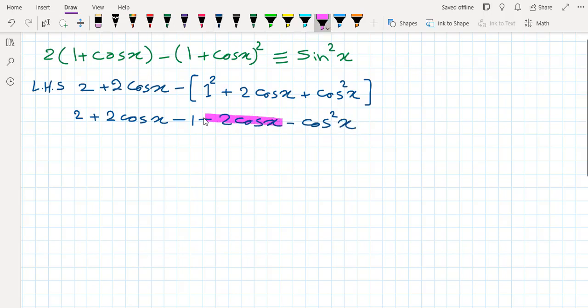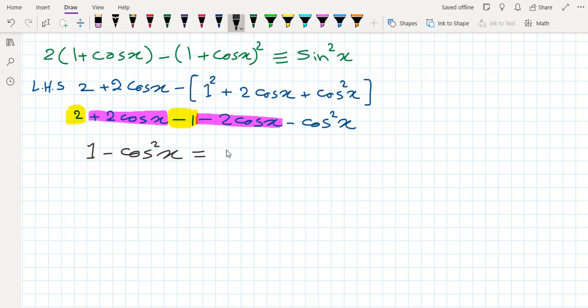Now negative 2 cosine x will cancel positive 2 cosine x, and 2 minus 1 is equal to 1. 1 is remaining, and negative cosine squared is remaining. According to the rule, 1 minus cosine squared x is equal to sine squared x, and sine squared x is the right hand side.